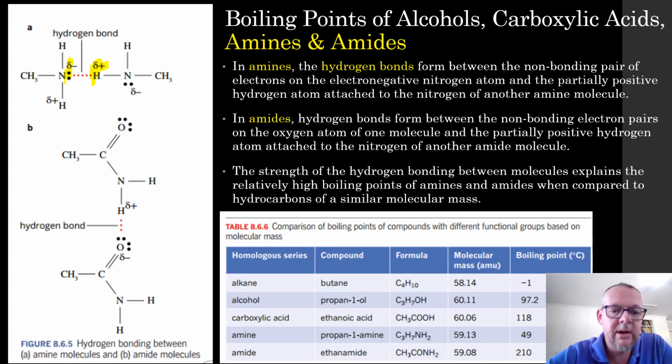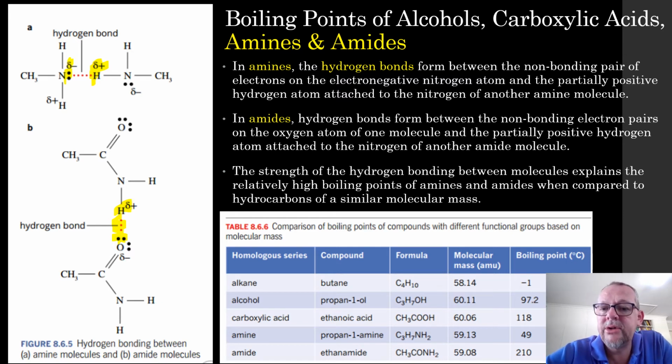Now in amides, what's happening? So the hydrogen bonds form between the non-bonding electron pairs and the oxygen atom and the partial positive of the hydrogen atom attached to the nitrogen of another amide molecule. So here we go, and there's our bond.